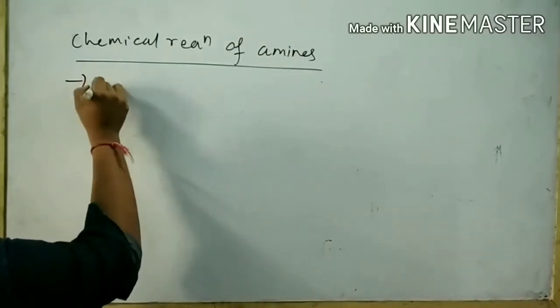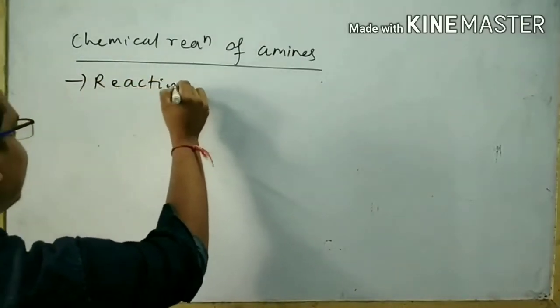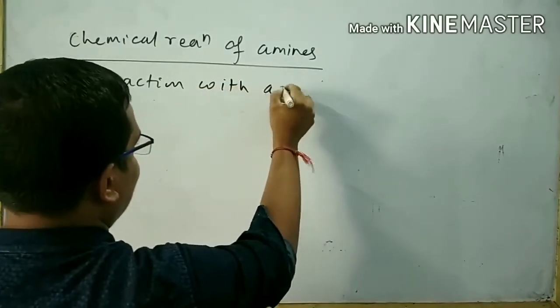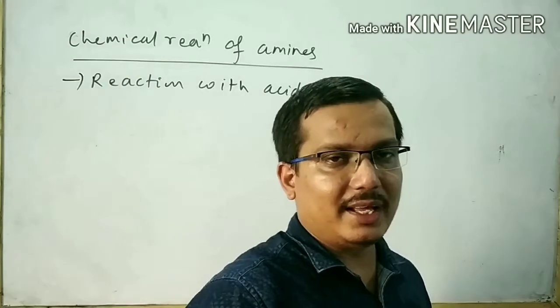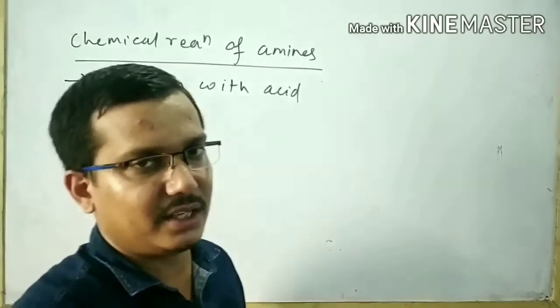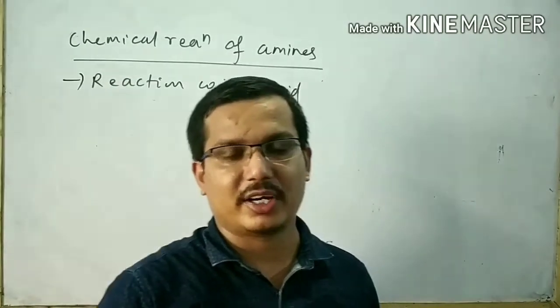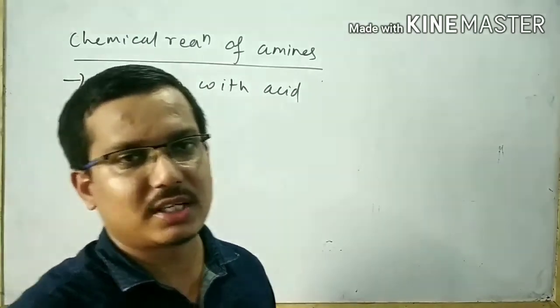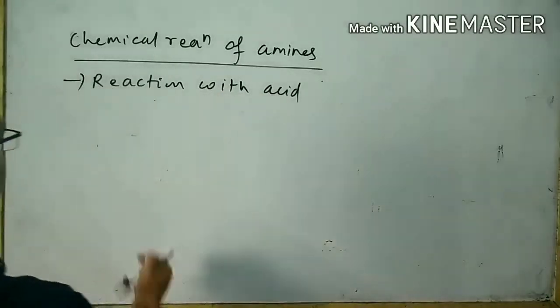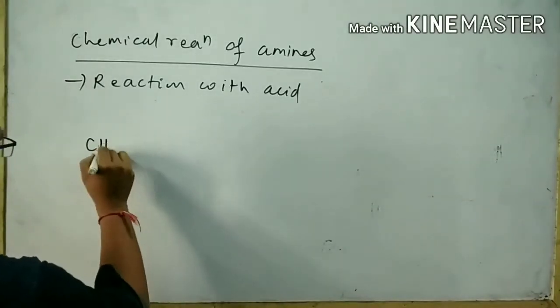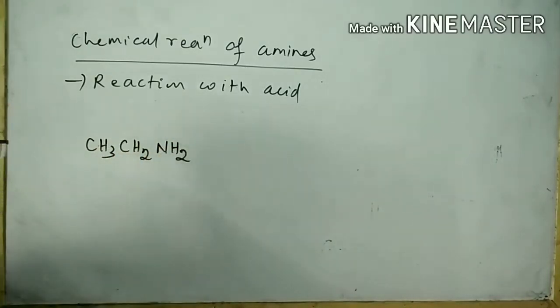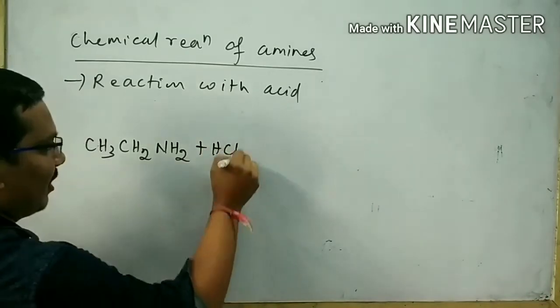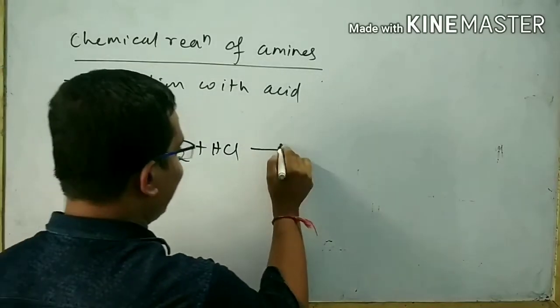Next reaction is the reaction with acid. We know that amine is a base. When it is subjected to reaction with an acid, then the corresponding ammonium salts are formed. Suppose we take an example, ethylamine. When subjected to reaction with HCl, what will happen?